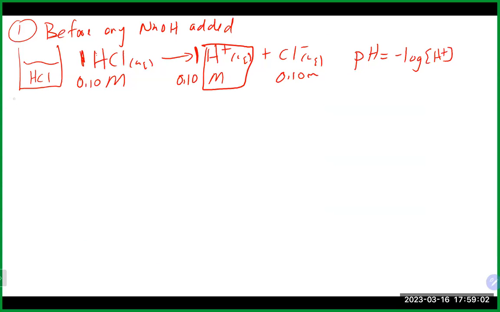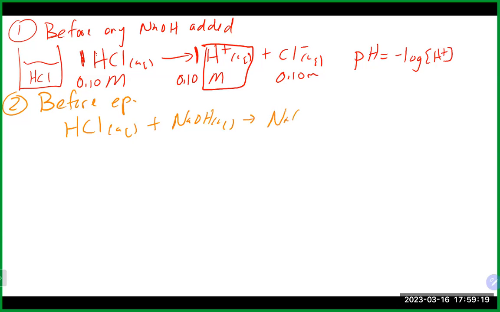So before the equivalence point, the reaction is the one that we wrote on the previous page: HCl plus sodium hydroxide gives me sodium chloride and water.